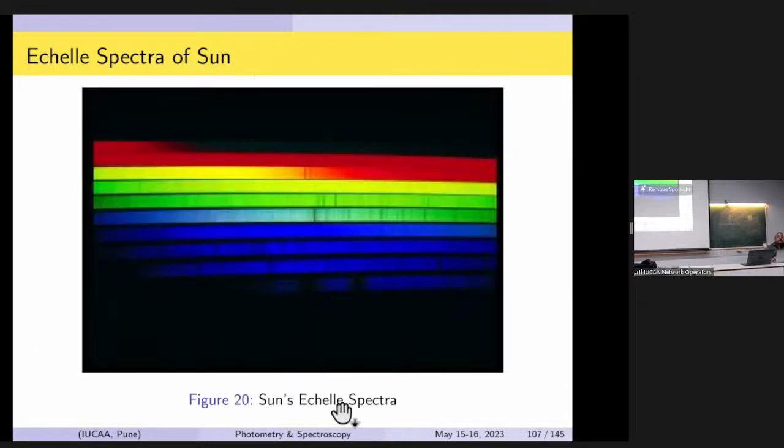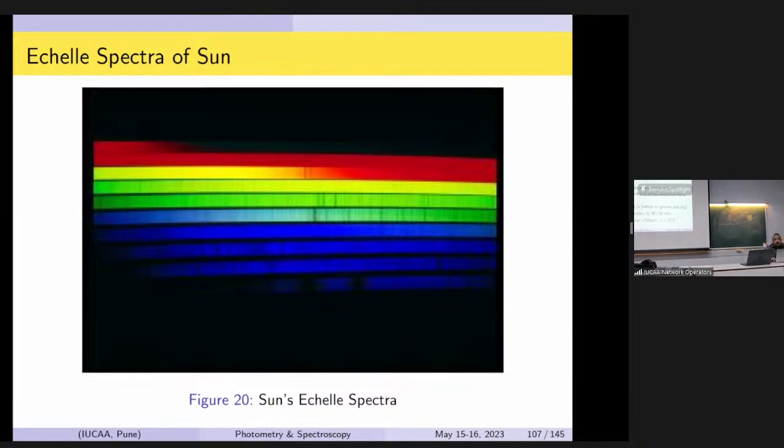And echelle is a technique where you can take the complete spectrum starting from red to the other side in beams like this. And you can see these fine lines, the sun spectrum. It's a G-type star, so these are the absorption lines. In principle, the sun is a bright object. You can take a spectrum like this, but for stars also, if you have a sufficiently large telescope, in one go on the CCD, you can take the complete spectrum.